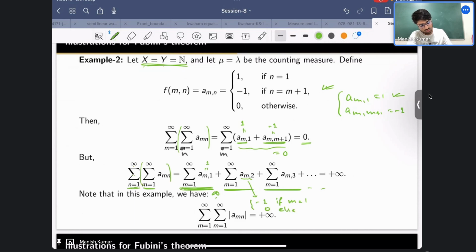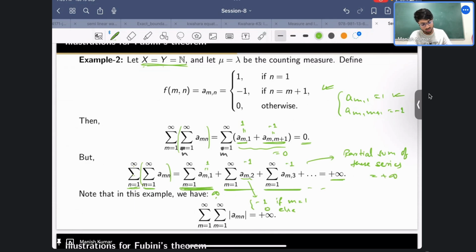So this whole summation will be minus 1. Similarly, this will be minus 1. So any partial sum of this series is equal to plus infinity. The series is divergent and it diverges to plus infinity.